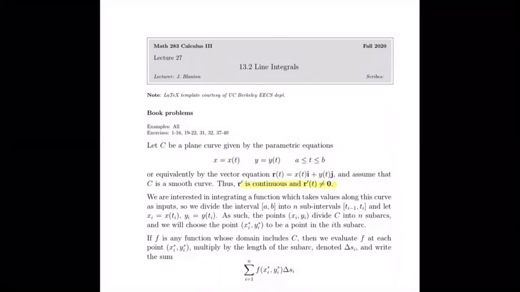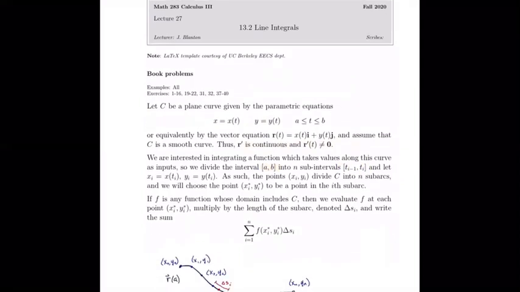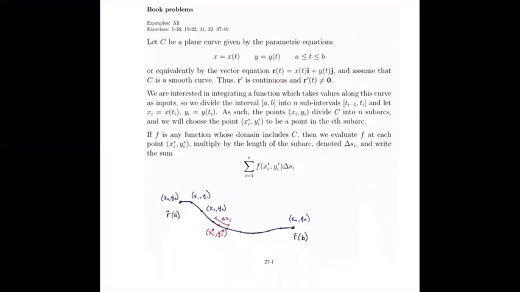Now, in the interest of integrating a function over such a curve, we'll divide the interval AB up into subintervals t i minus 1 to t i. And that's seen down below. We don't have it listed in terms of t's, but we can see that for each t i, we have an x sub i and a y sub i.